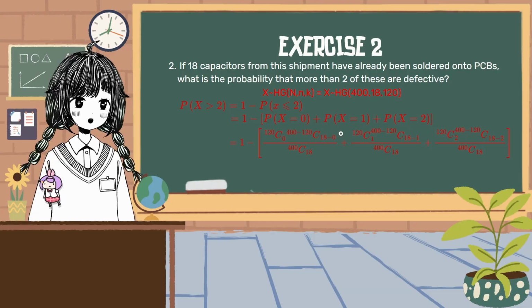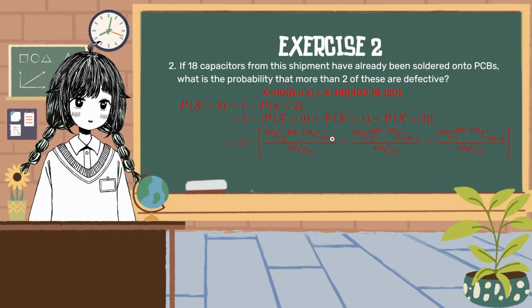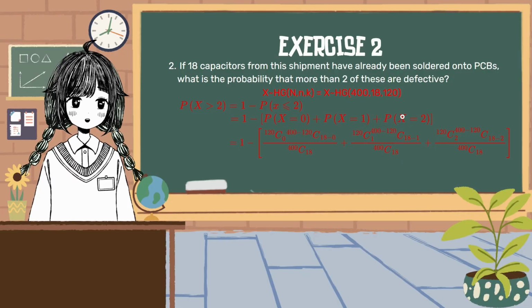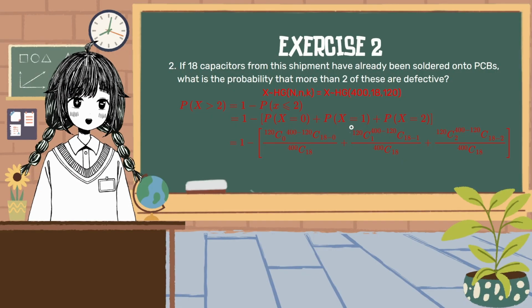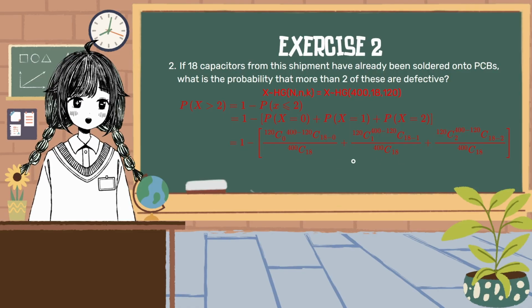Then per usual, using the equation, insert the numbers, and as you can see, from 0 to 2, the calculation has become this long. Now imagine if we solved it using 3 to 18. Does it seem worth it just to get the same answer?